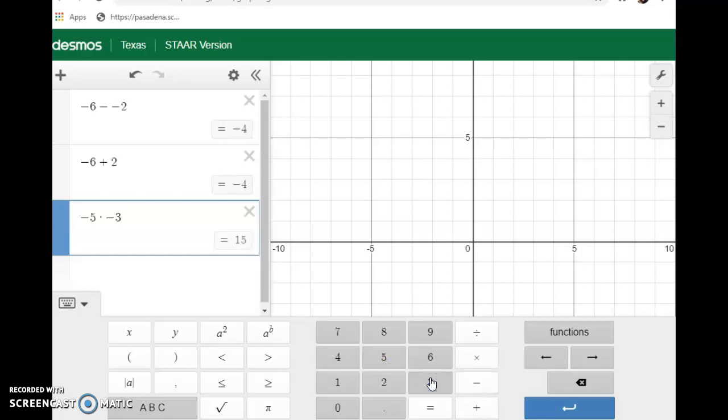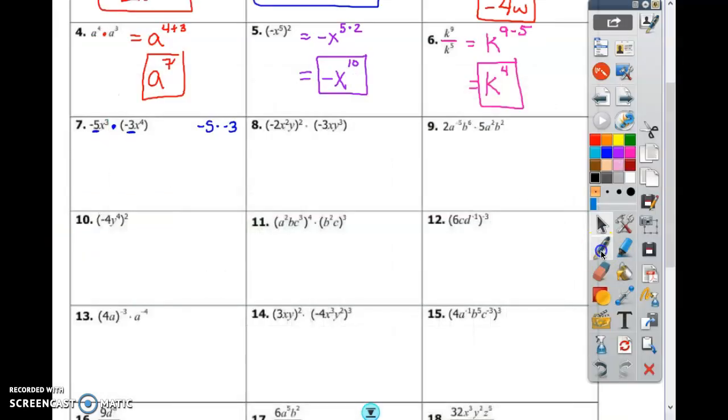Gives you a positive 15. So -5 times -3 gives you a positive 15 in the front. And then what are we going to do with those exponents? That's right, you're going to add them. So 3 plus 4 equals 7. X to the power of 7.